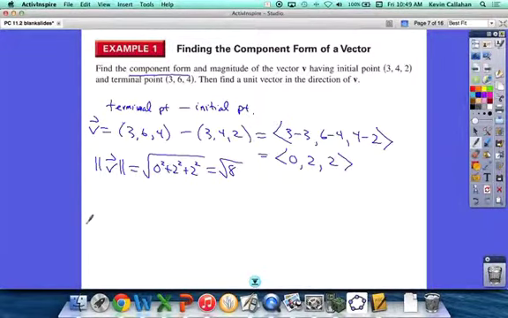Okay, that's the magnitude, right? Then find a unit vector in the same direction as vector v. How do you do that?